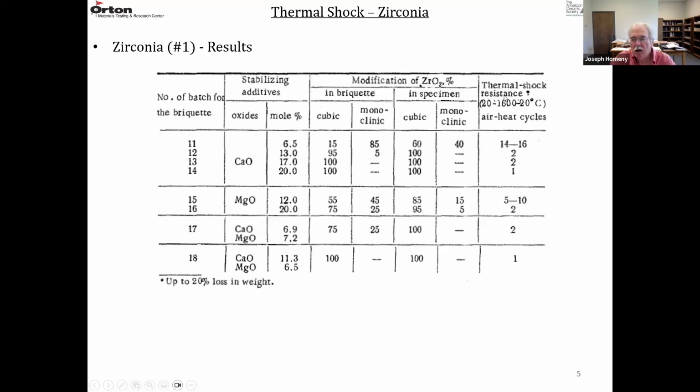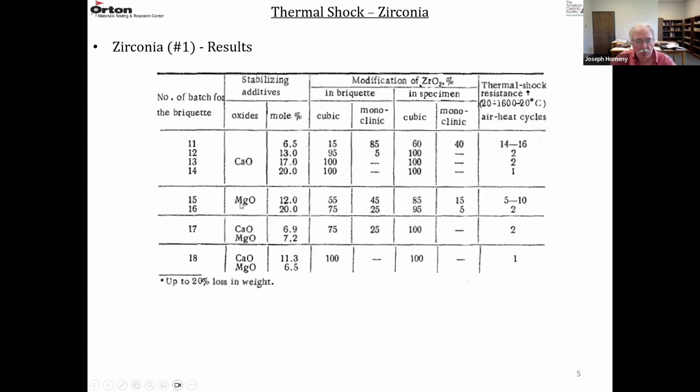And then the thermal shock cycles, 20 degrees to 1600, back down to 20 degrees. These are air heating and cooling cycles. So the material with 40% monoclinic on average lasts between 14 and 16 cycles, whereas the 3 materials that were all cubic only lasted 1 or 2 cycles.